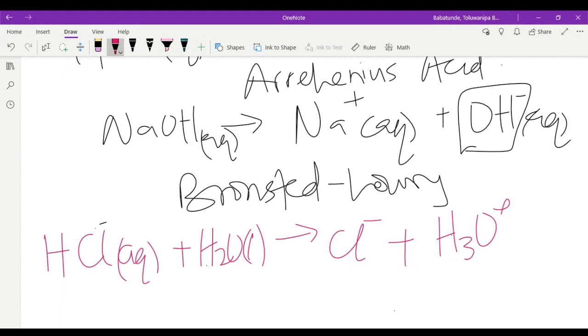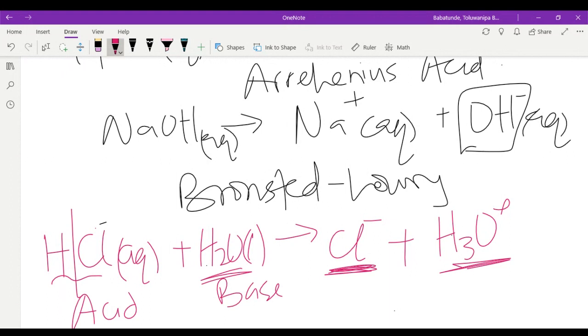We can see that the hydrogen leaves the HCl here, and we have chloride ion standing alone. So that is a proton being donated from HCl to a water molecule to form the hydronium ion. In this case, HCl is an acid because it is a proton donor, and the water acts as a base because it is accepting a proton.